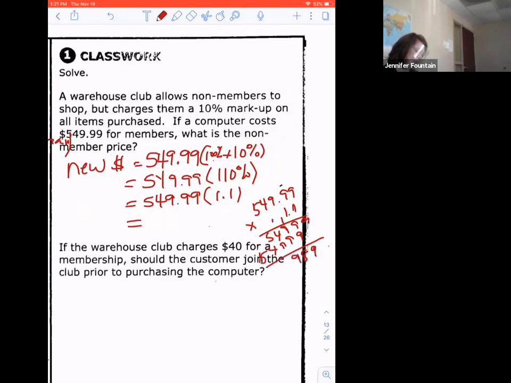That's going to be a 19, carry my 1. 9 and 4 is 13, plus 1 is 14, carry my 1. 5 and 4 is 9, plus 1 is 10. So 604. Now I've got 1, 2, 3 decimal places. So $604.989. But what is the neighbor for the 8?